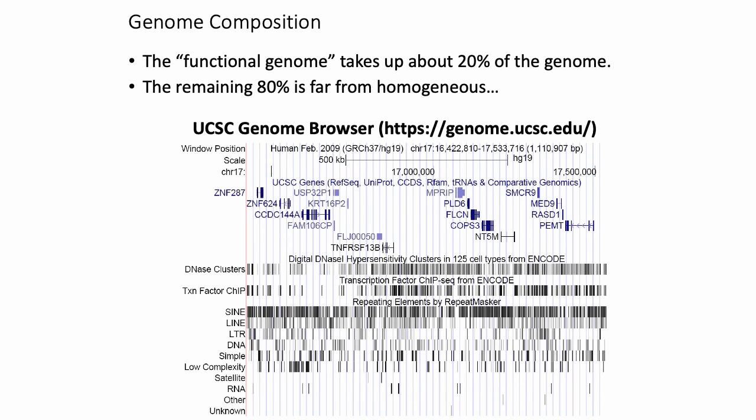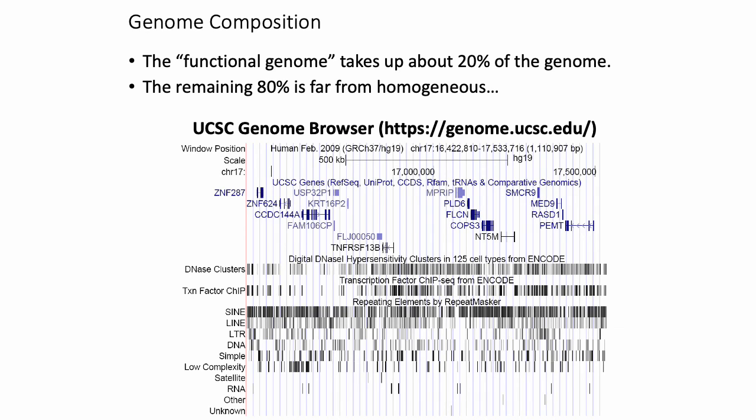Here, generally speaking, the x-axis represents one portion of the genome sequence, and different rows of this diagram correspond to different annotations. On the top part of this diagram, you see annotations of different genes and their gene names. In the lower half, you see annotations of different kinds of regulatory elements. If you look at the bottom part more specifically, those are annotations of where different types of repetitive elements are, at least those identified by software called RepeatMasker. These SINEs, LINEs, LTRs, and so on all refer to different types of repetitive sequence.